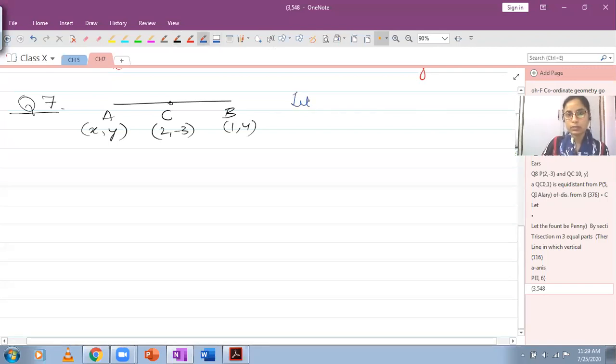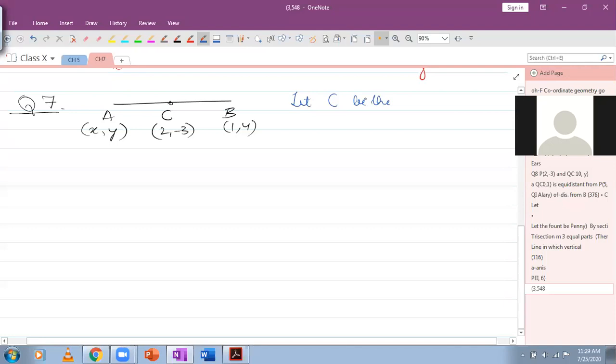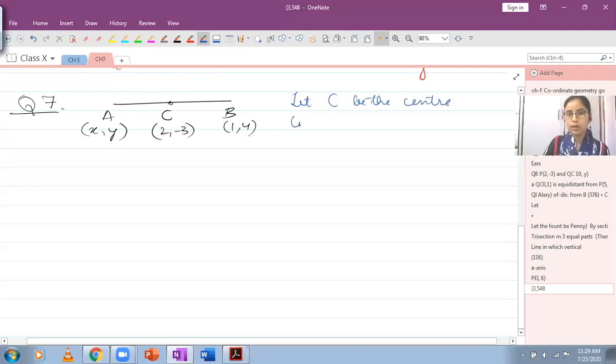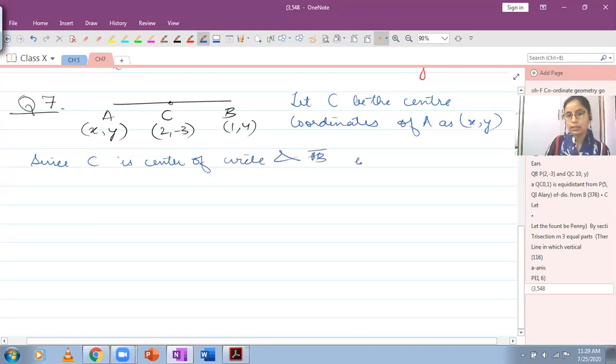Let C be the center, and we are assuming the coordinates of A as (x, y). So since C is the center of the circle and AB is the diameter, therefore C is the midpoint of AB.